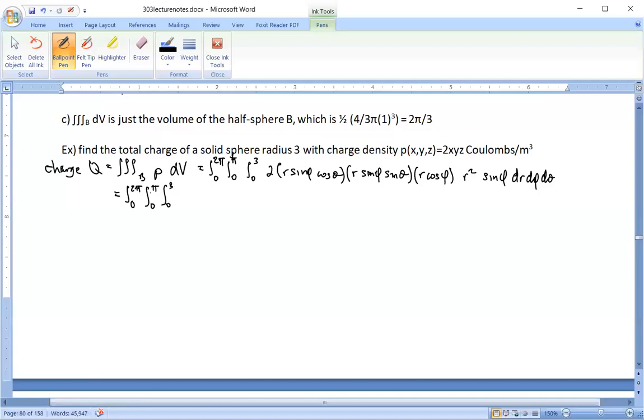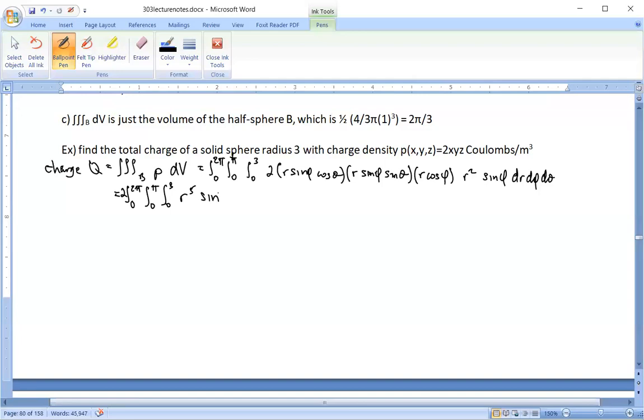So our first step is going to be, let's simplify and rewrite this. So we've got our boundaries, and combining everything, we get, there's that coefficient of 2. So I'm just going to put that coefficient in front. And then collecting all the r's, I've got r to the 5th. And then there is sine phi, sine phi, sine phi.